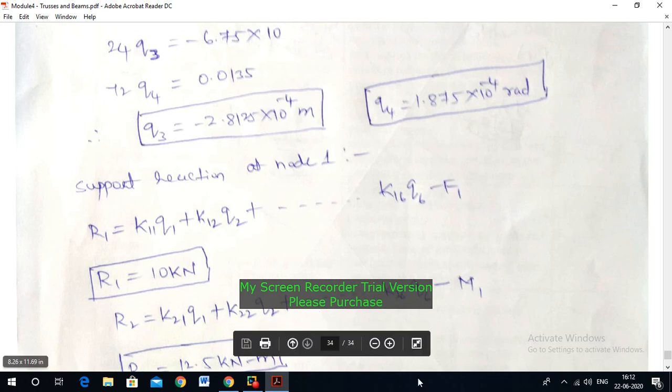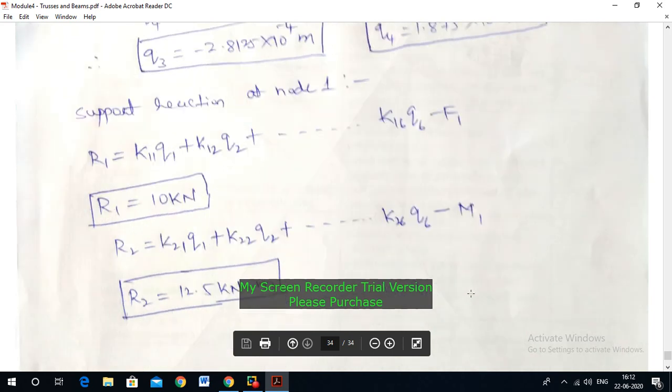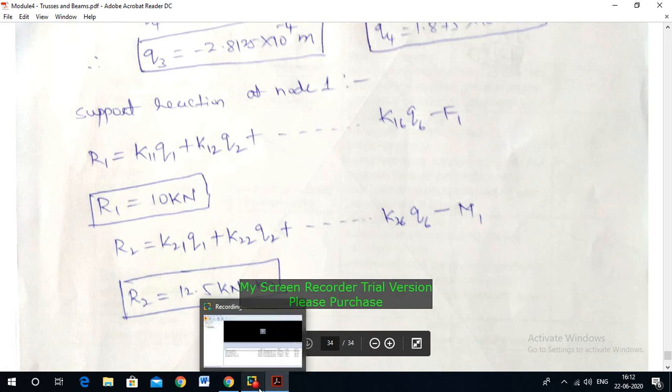It is very important: minus M1, the 20 kilonewton magnitude of the moment applied at node 2. After substituting all the values and simplifying, the reaction at node 2 is R2 equal to 12.5 kilonewton meters. This is the final answer. It completes all the beam problems.